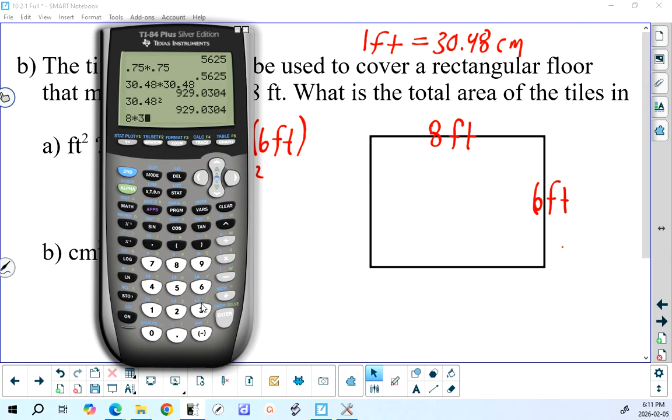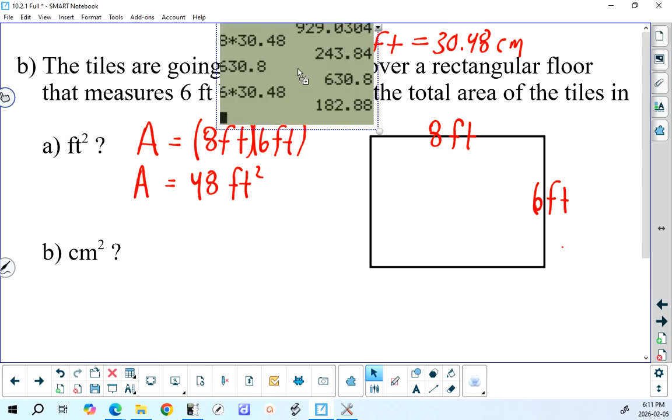Eight times 30.48 gives you that many centimeters across, and 6 times 30.48 gives you that many centimeters tall.